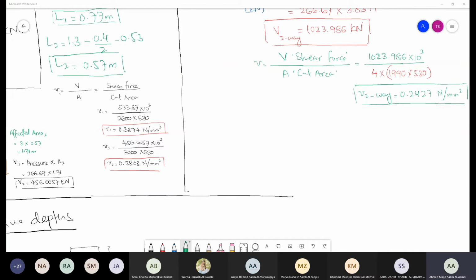Those who cannot see the presentation, it means that there is a problem with your network, because it cannot be half of the class seeing it and half of the class are unable to see it. If everyone is unable to see it, it means yes, there is a problem.